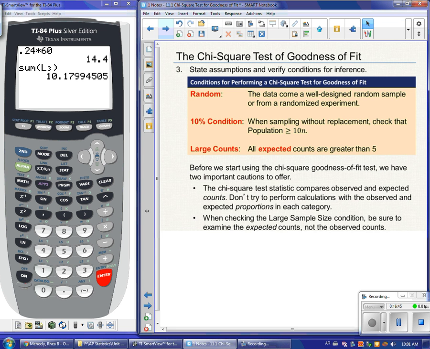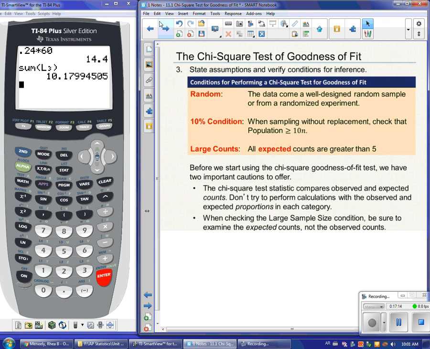All right, so the assumptions for inference are essentially the same as they've been. We have to have random data. It either has to come from a randomized experiment or from a random sample. Our population, that 10% condition, we have to make sure that the population is at least 10n when we're sampling without replacement. But notice our large counts. Obviously, we're dealing with categorical data just like we were with proportions. And remember, with proportions, all of our successes and failures had to be greater than 10.